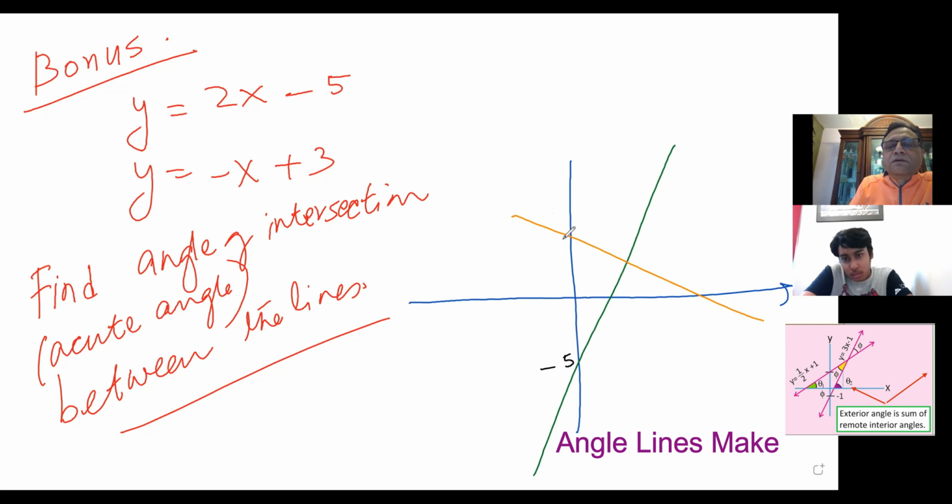This will be x equals 3. So the acute angle we want to figure out is the acute angle of intersection between the two lines. My diagram is not very good. So you need to now figure out how you will find this angle. Use calculator. Okay, sir.